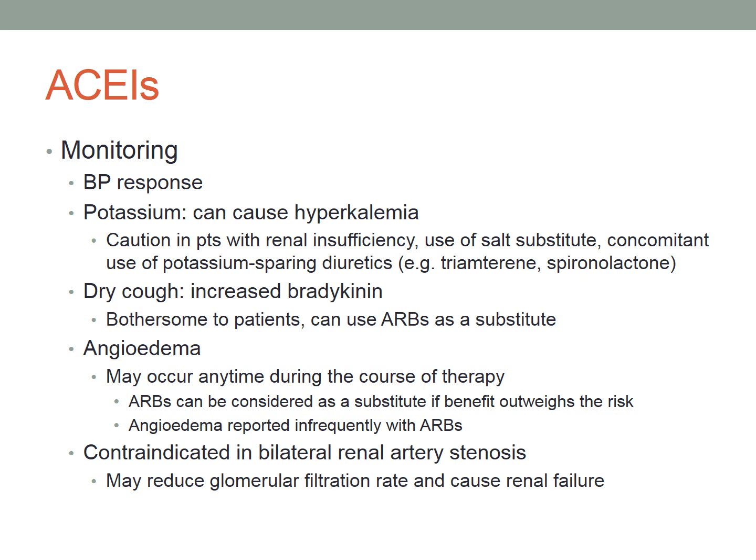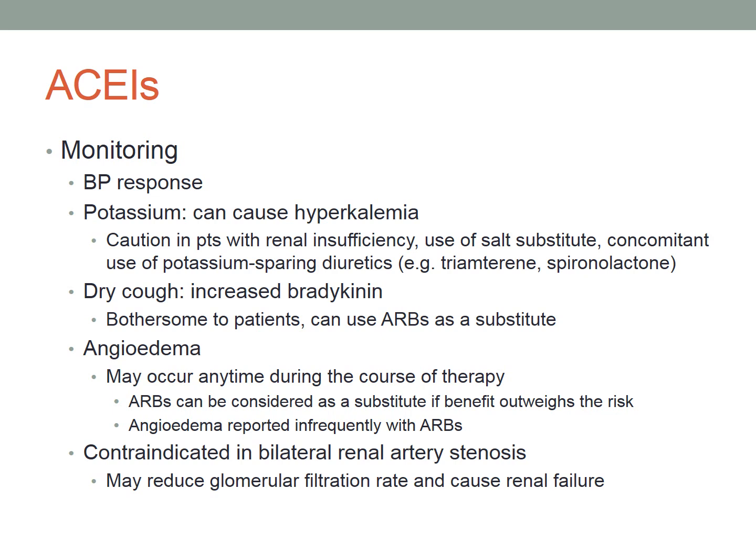Angioedema is another side effect that patients on ACE inhibitors can present with. It can occur at any time during the course of the therapy, so even if a patient has been on an ACE inhibitor for years, they can develop angioedema due to the drug. ARBs can be considered as a substitute if benefit outweighs the risk.